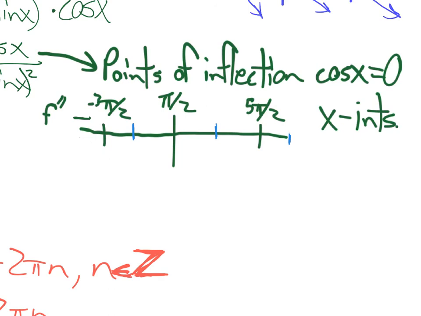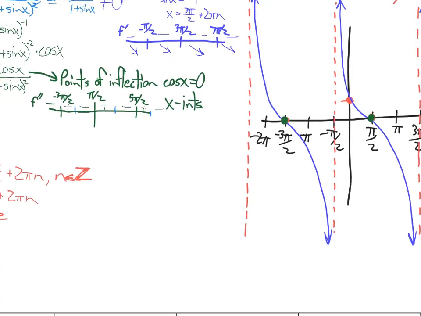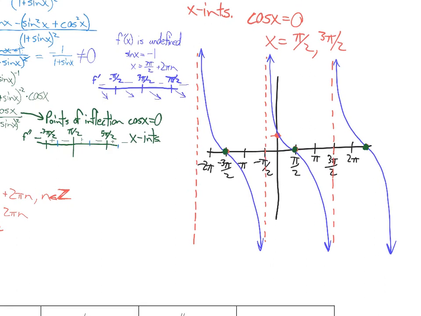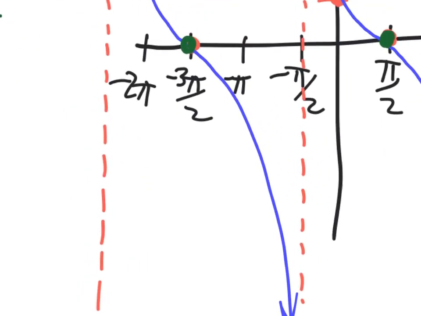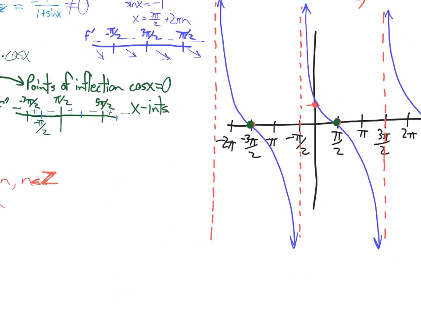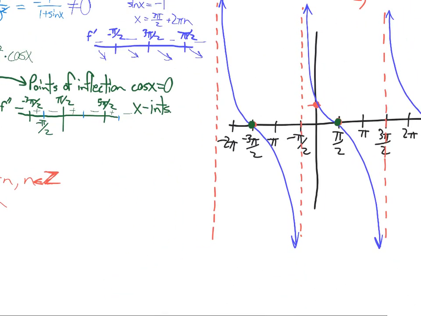Okay, so we have negative, then positive, negative, then positive, negative, then positive, then negative. And you can see here from negative 3 pi over 2 to negative pi over 2, right here, it is concave down.